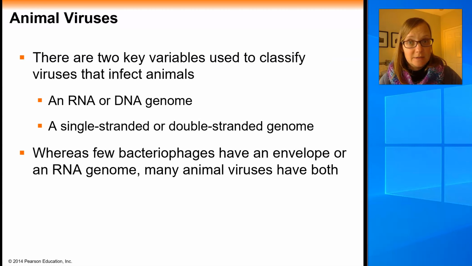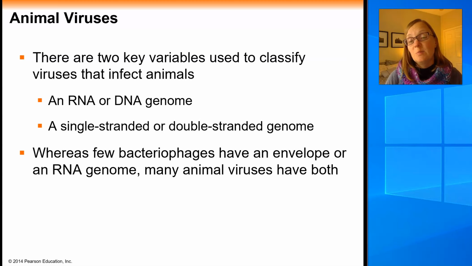All right, animal viruses. These guys are very diverse, and there are typically two key variables that are used to classify animal viruses into different categories. So first of all, we determine whether the genome happens to be made out of RNA or made out of DNA.